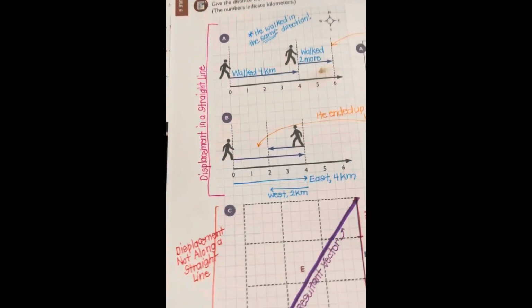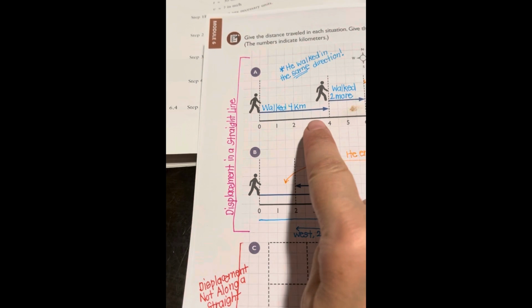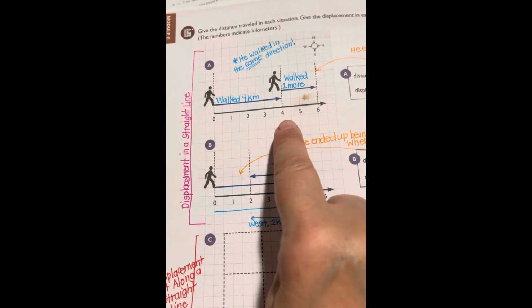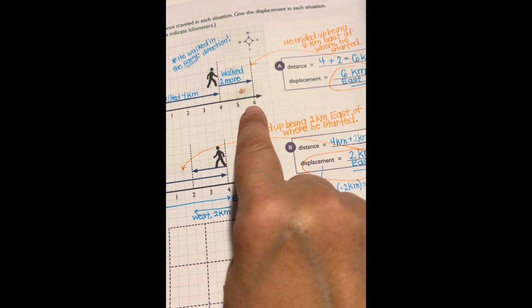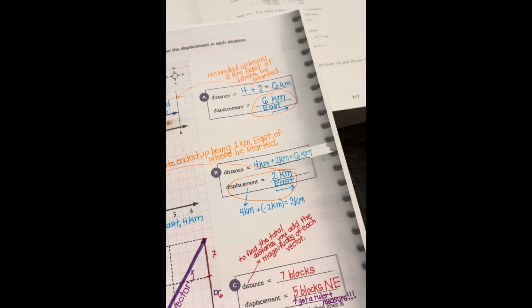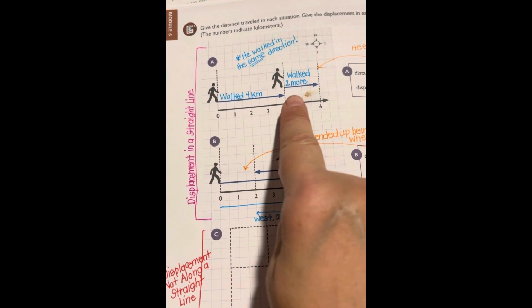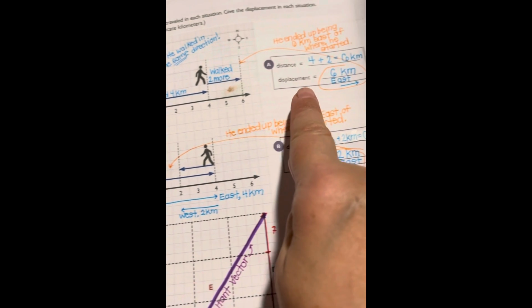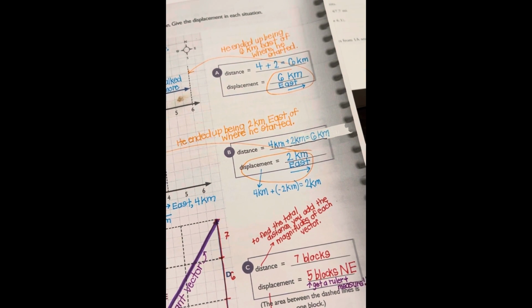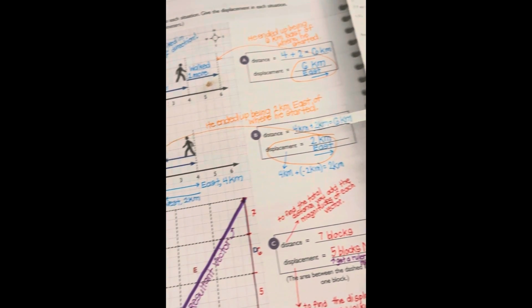So for the distance, 4 kilometers from here to here, plus 2 kilometers from here to here, gives a distance of 6 kilometers. Now, displacement, we need some kind of direction with that. So again, he started here and he ended up 6 kilometers east. So displacement is 6 kilometers east because he ended up being 6 kilometers east of where he started.